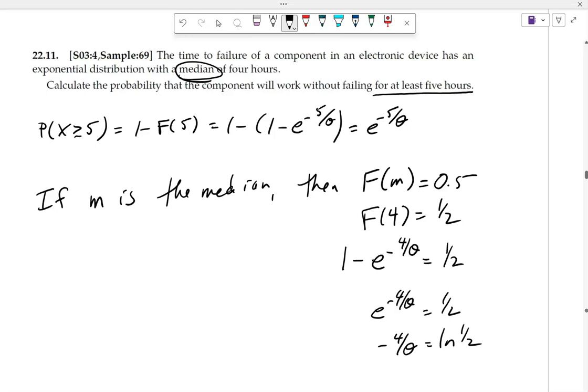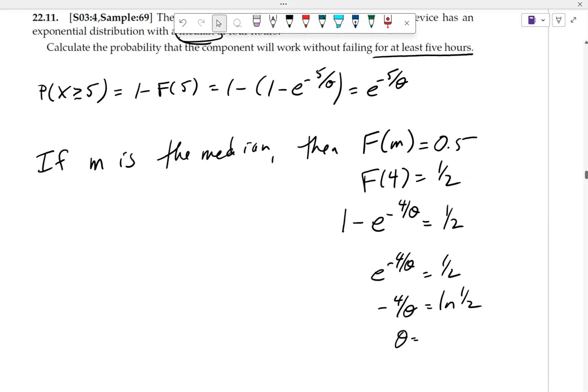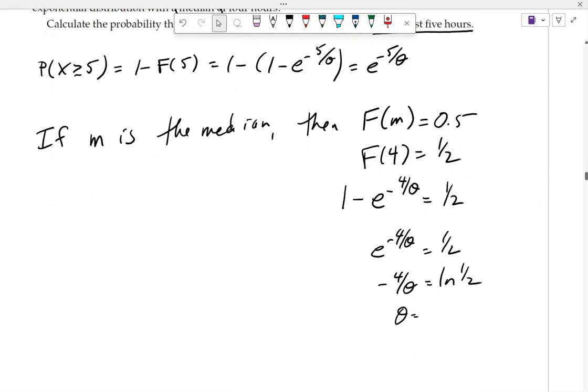Take the log of both sides to get rid of your e. We would get what? Negative. I need to multiply by theta and divide by natural log of 1/2. Right, I got to multiply both sides by theta and then divide by the natural log of 1/2.